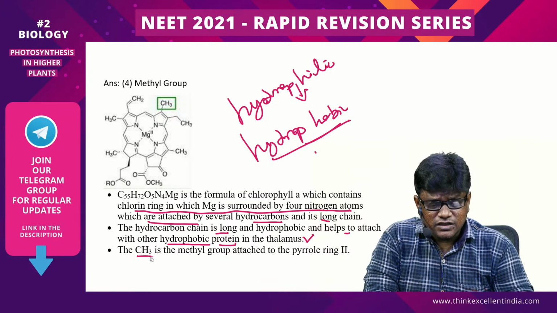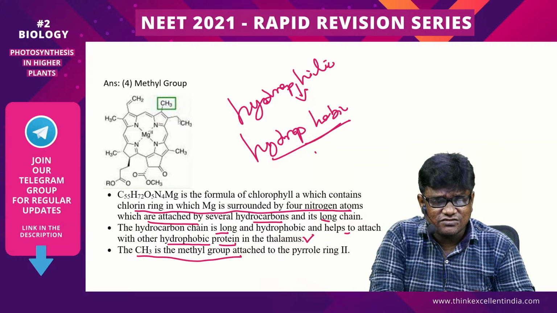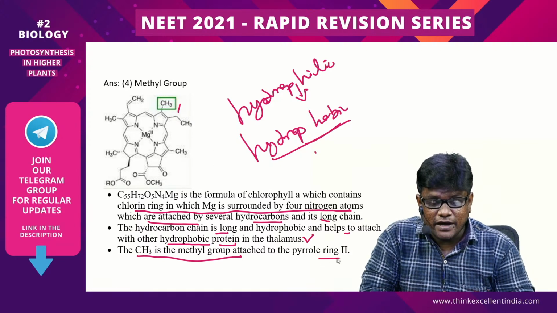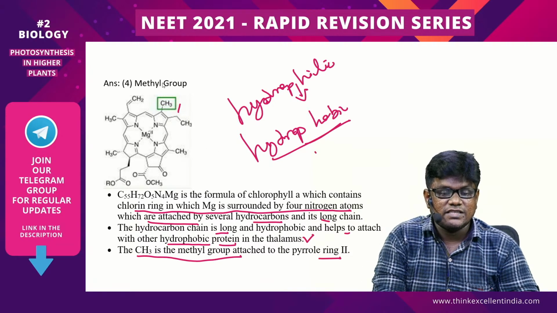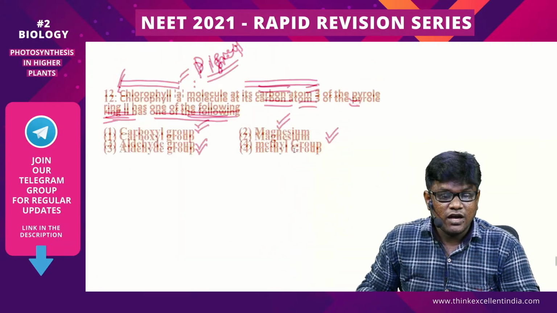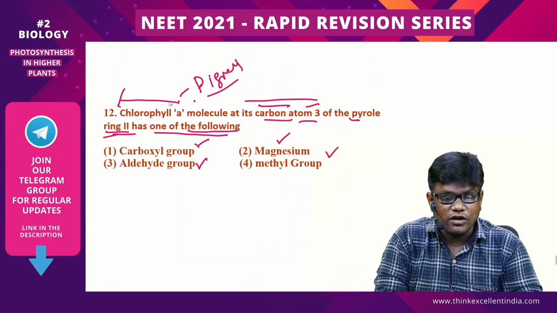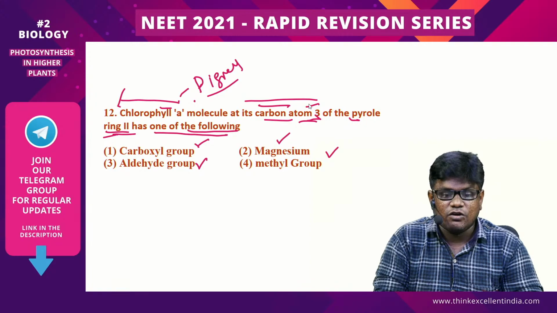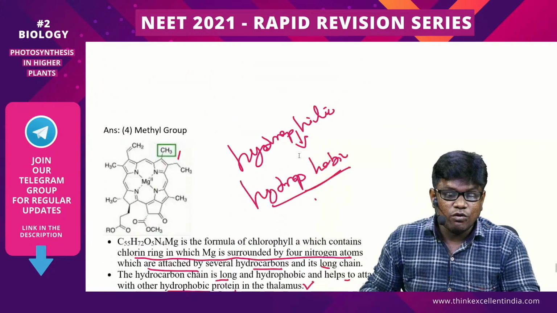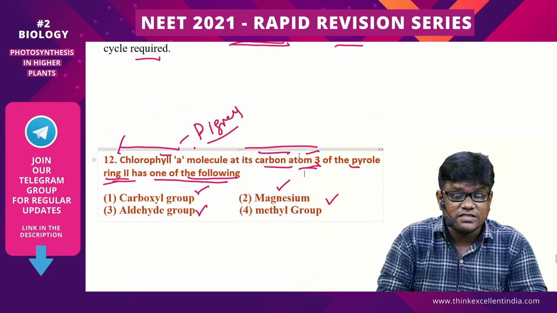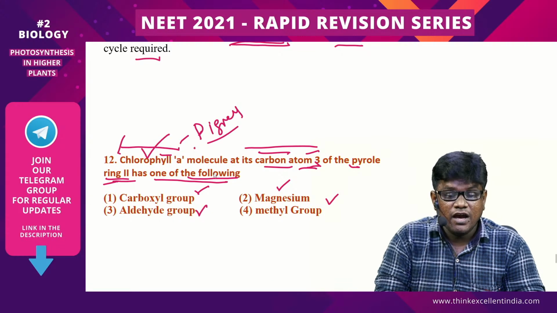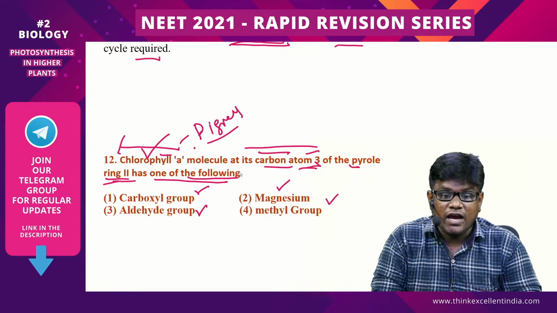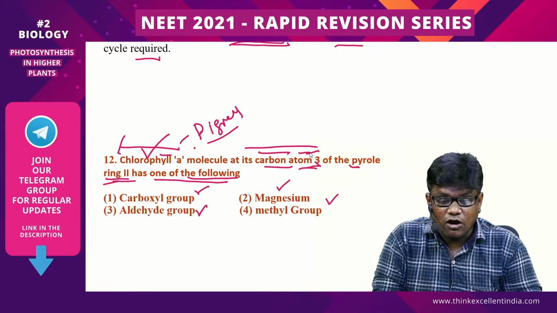And the methyl group, only CH3, is attached to pyrrole ring 2. Here you can see that structure, pyrrole ring 2, next to what? The chlorophyll A molecule at carbon atom 3. So here you have to be very clear with the structures, chlorophyll A and what exactly the structure is, and how many atoms are there.